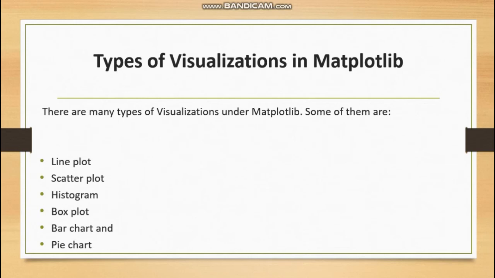The familiar ones are the pie chart, bar chart, and line chart. But three are unfamiliar to us, which I'm also going to teach you in my future videos: scatter plot, histogram, and box plot.